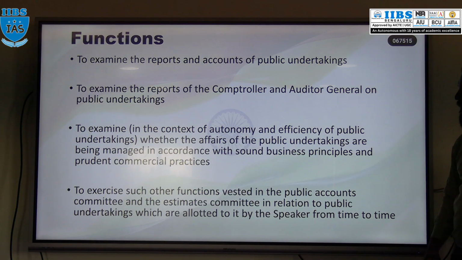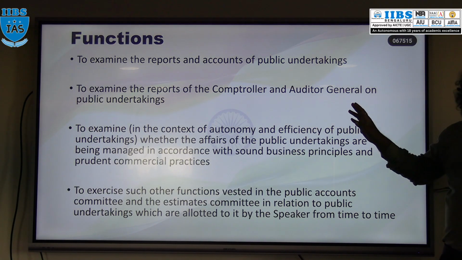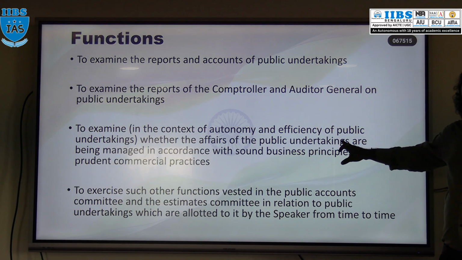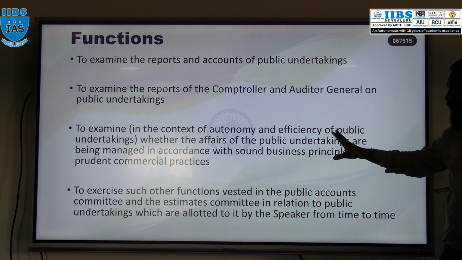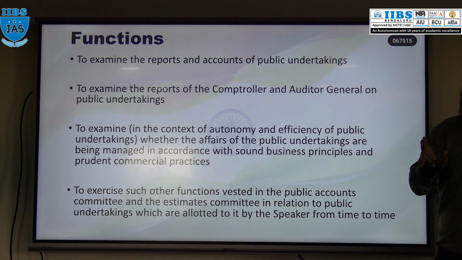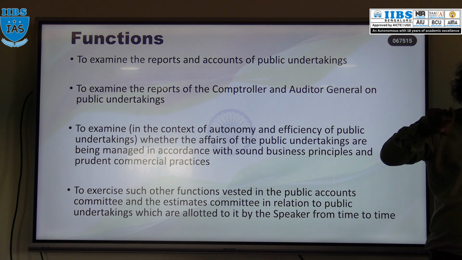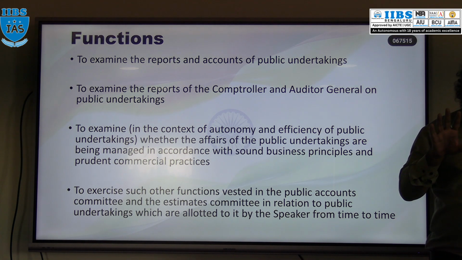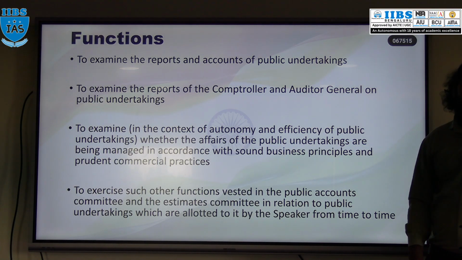And next, apart from these things, it also examines whether the affairs of the public undertaking, in simple language the administration of the public sector undertaking, are going on according to the rules and regulations, and whether it is carrying out the specific commercial purpose for which the PSU was started or not. So that is also examined by this committee.